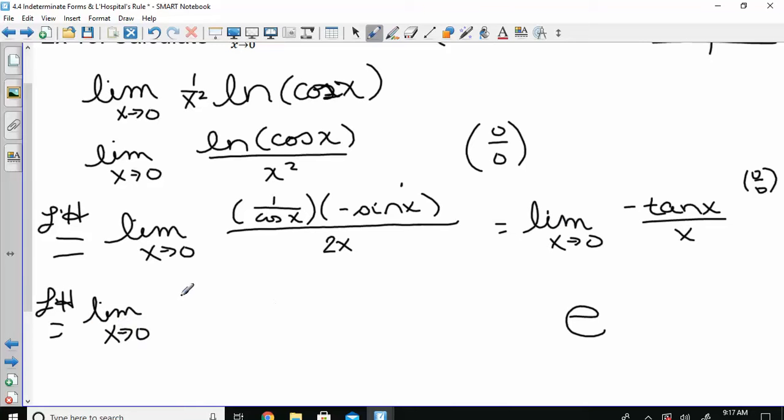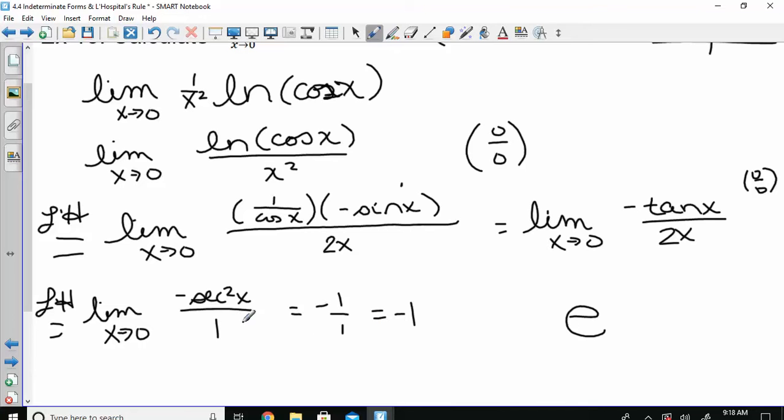So derivative of negative tangent would be a negative secant squared over derivative of x would just be a 1. So secant of 0 is 1, so we have negative 1 over 1, which is negative 1. So our final answer is e. I dropped a 2, didn't I?